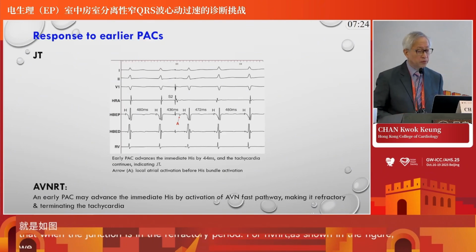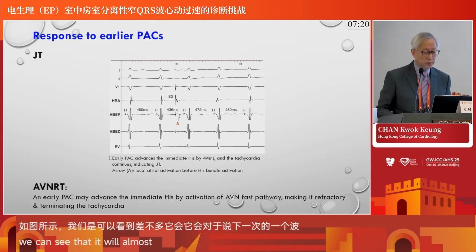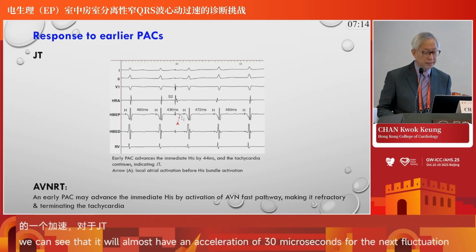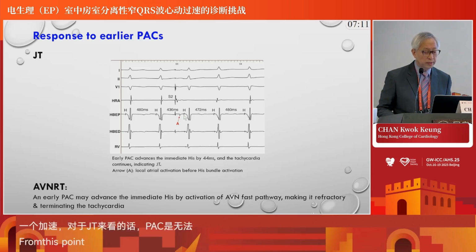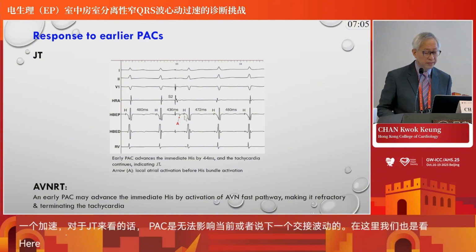Now, how about the response to an earlier PAC? In junctional tachycardia, when the PAC is early enough, that is, the atrial activation is here, which is earlier than the His, it can advance the next His by 44 milliseconds.